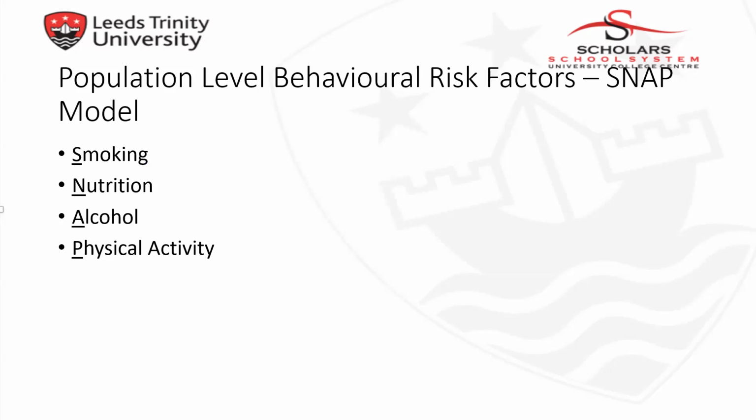Nutrition: what kind of food we are eating. Alcohol: consumption of alcohol. Physical activity: are we doing exercise or not, or what kind of exercise we are doing. So these kinds of things are considered health behavior risk factors.